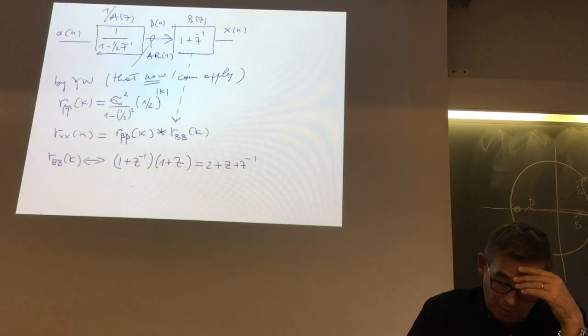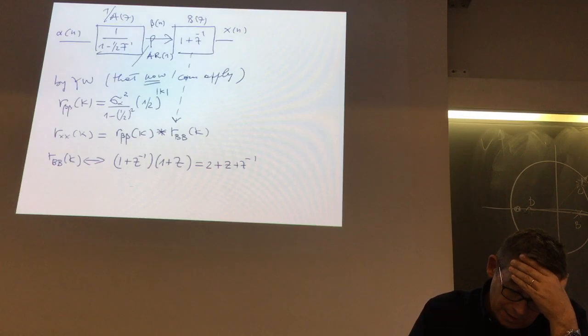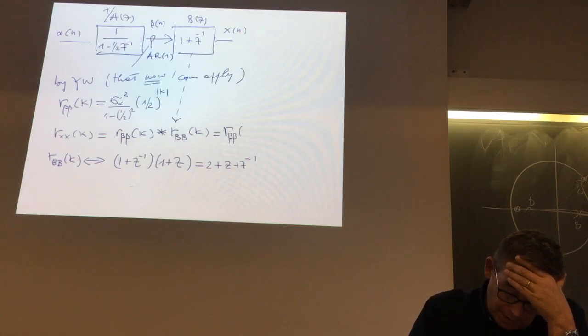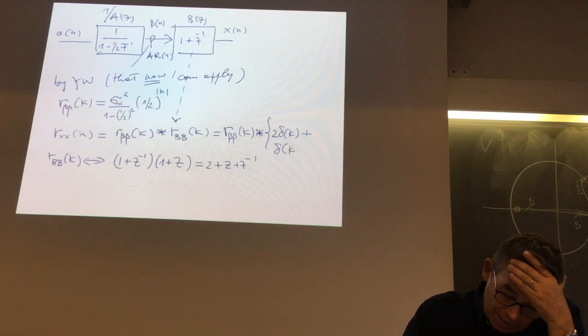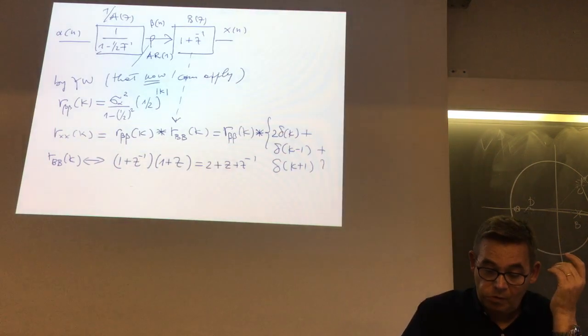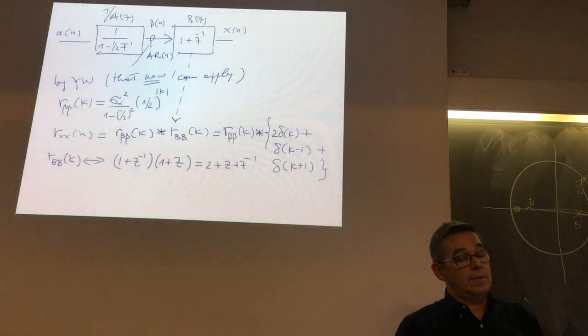So this sequence here is R beta beta k convolved by 2 times delta k plus delta k minus 1 plus delta k plus 1.